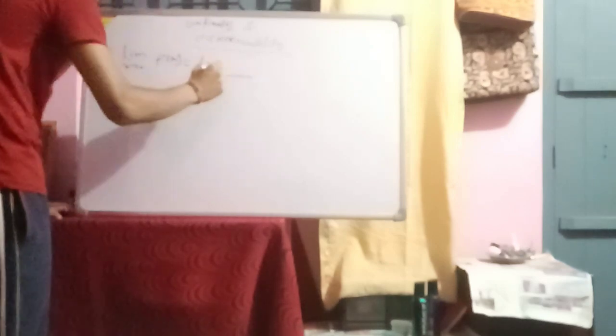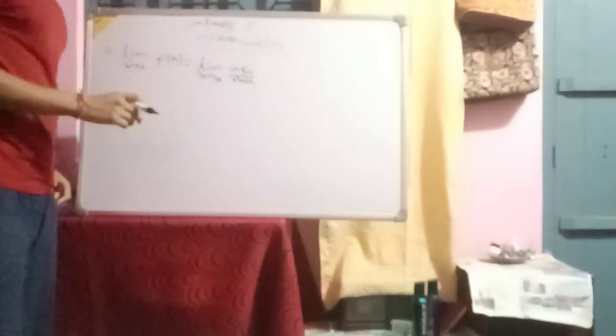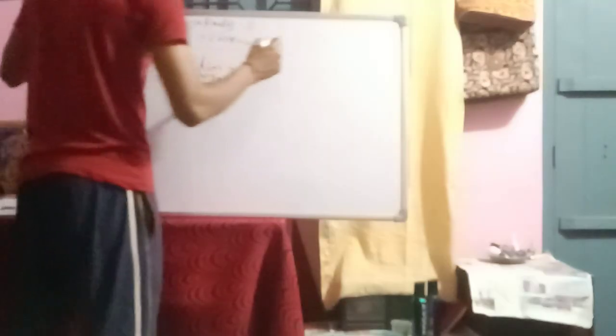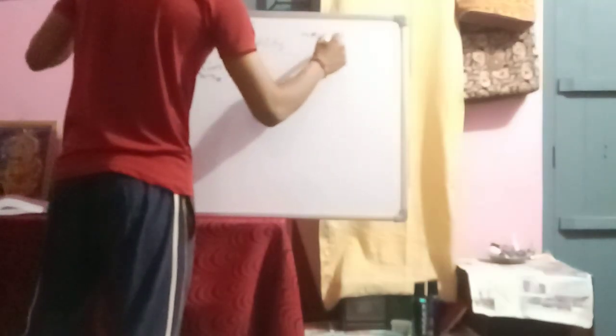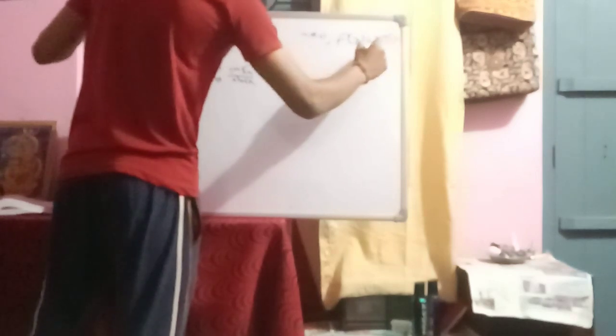This would become the limit as x tends to 0 of sine 5x over x square plus 2x, because here we are approaching a value close to 0. We are not actually getting to the point 0. That means here x does not equal 0. So we will have to use this form, because we have been told that when x does not equal 0, this function becomes sine 5x over x square plus 2x.